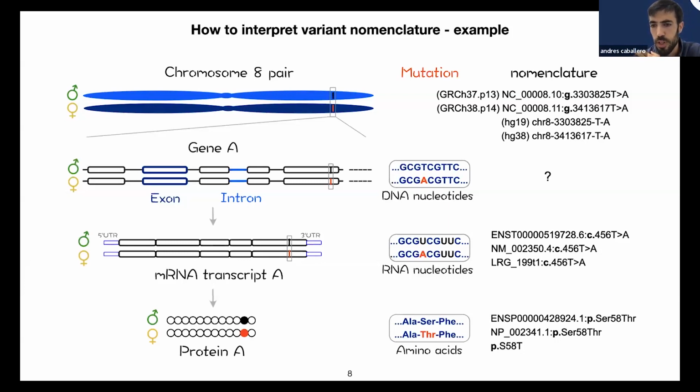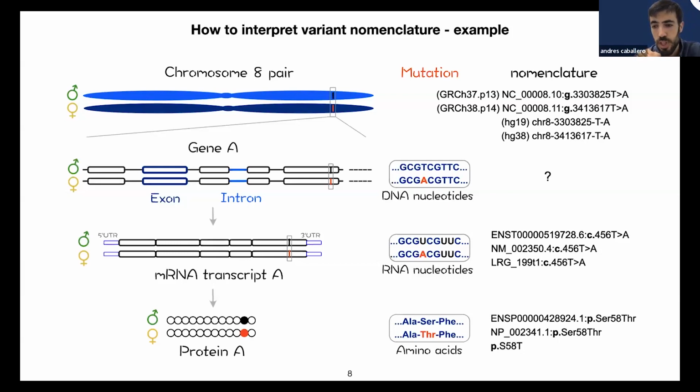But you could also use the NM_, that is from RefSeq, or you can even use the LRG_199. That is also from the Locus Reference Genomic. So there are different ways of reporting the mutations at the transcript, at the coding sequence level.